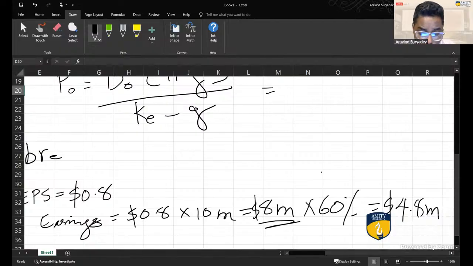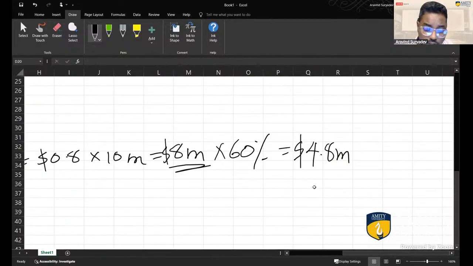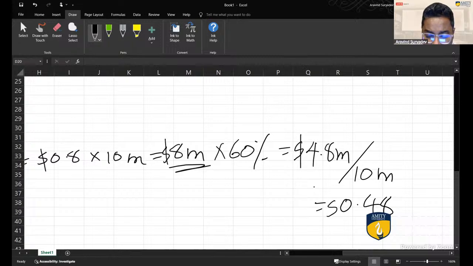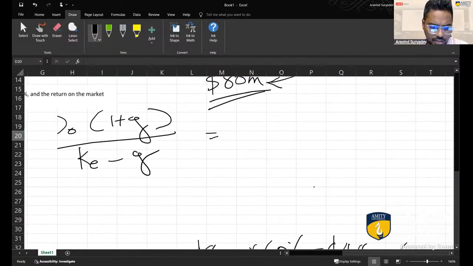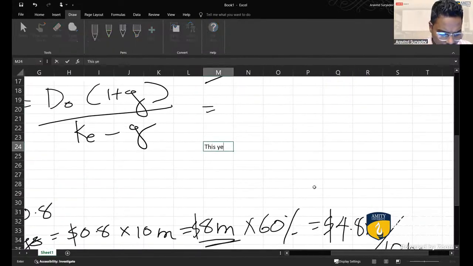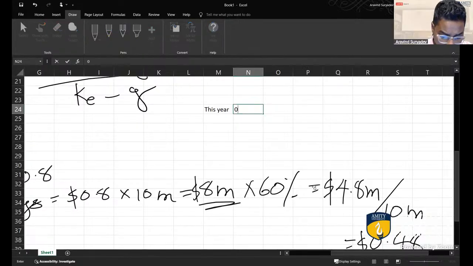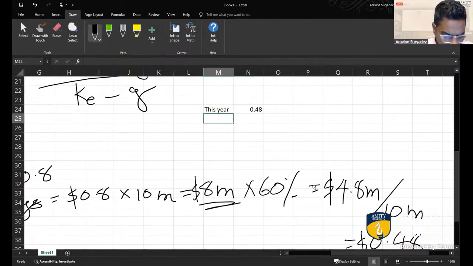So if you want to find out what the per share dividend would be, just divide this by 10 million, because there are 10 million shares. $0.48 per share. This would be the proposed dividend of this year. Now, if I put that down, we have some values. This year's expected dividend, I can put it down as 0.48. Dividend a year ago was also given.